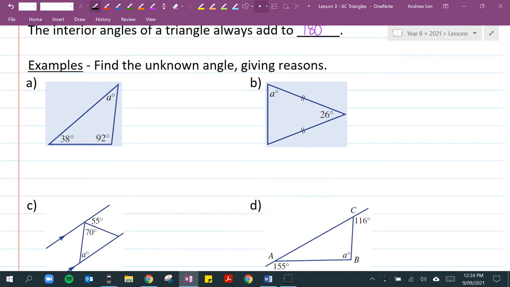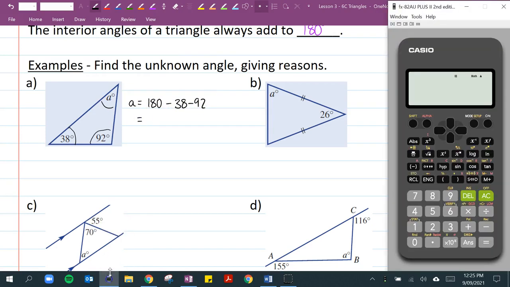Here we've got three angles, 38, 92, and A. They're all inside a triangle, so we know that they are all going to add to 180 degrees. So if you want to work out what A is equal to, we're going to start off with 180 degrees, always whatever they add up to. And then we're going to minus what we do know. We know there's a 38 and we know there's a 92.